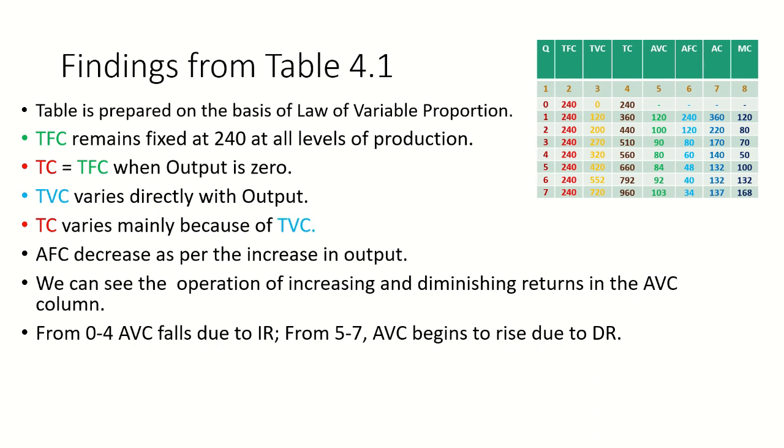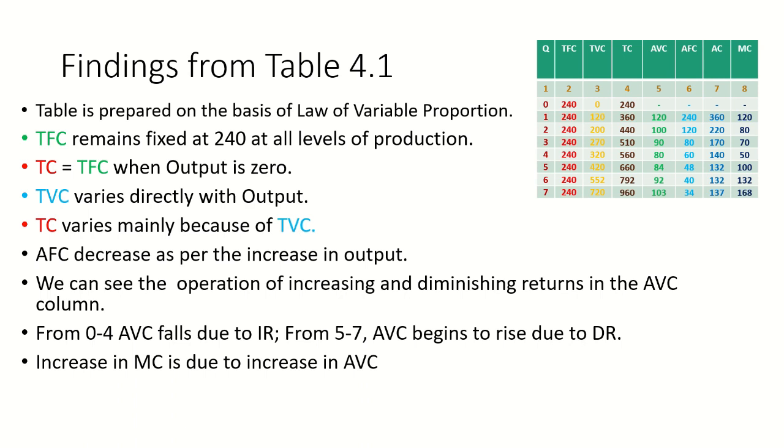We already saw that from 0 to 4, the average variable cost falls due to increasing returns, and from 5 to 7 the AVC begins to rise due to diminishing returns. So both increasing and diminishing returns can be seen in the average variable cost column. And please see the MC column.